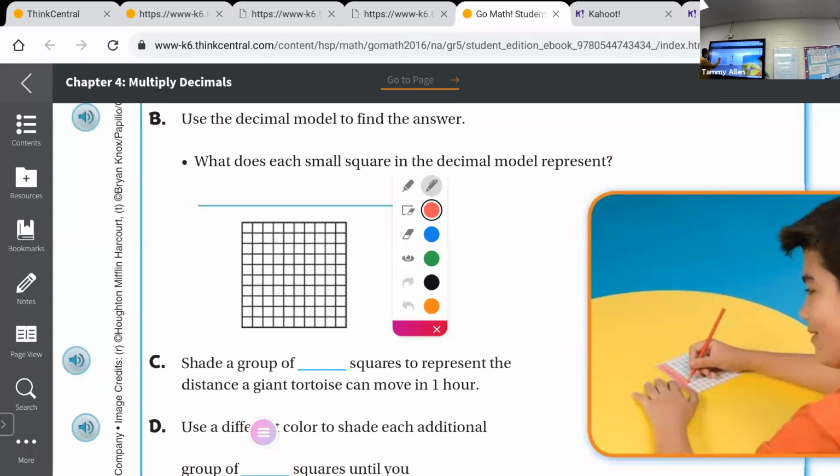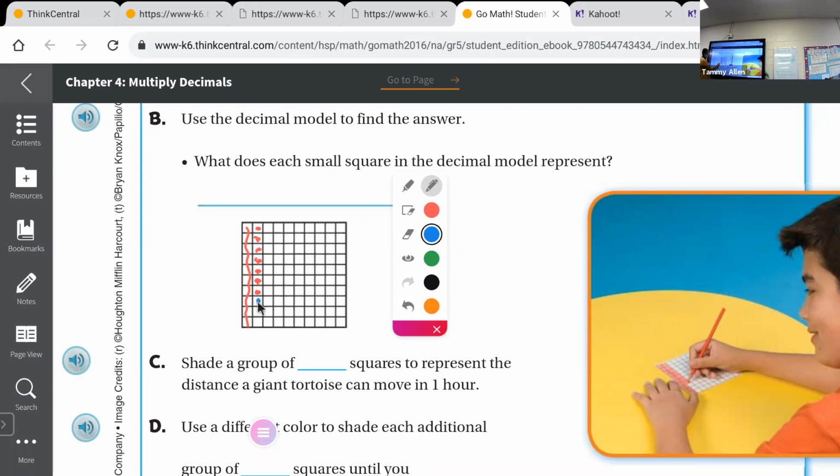Well, in one color, we're going to do 1 group. So there's 10, 11, 12, 13, 14, 15, 16, 17 hundredths. We're going to change colors. And now we're going to do the second group of 17 hundredths. Does that make sense?